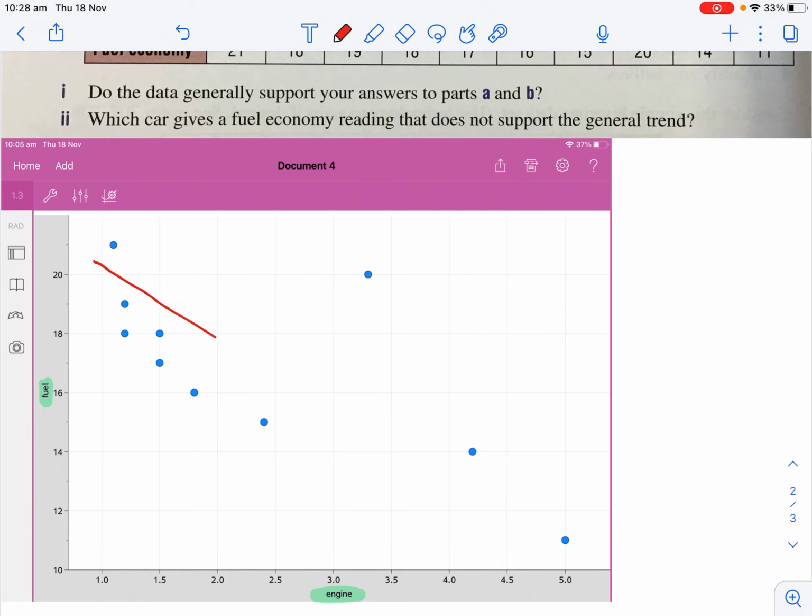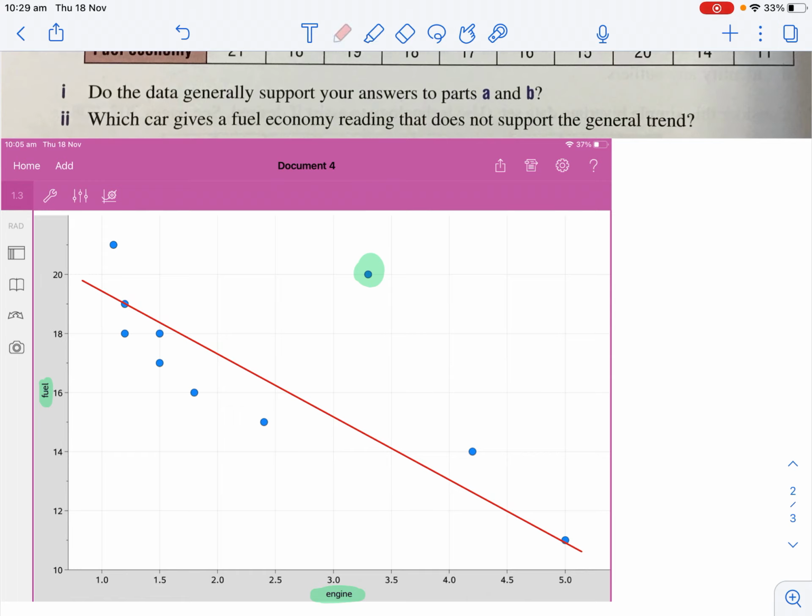It seems there is a trend going down here, and most of those values kind of fit that trend line. I might even put my trend line more like this to get closer to those points over here. There's pretty obviously though, this value here seems to sit outside of that quite significantly.